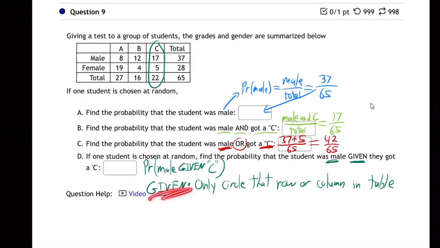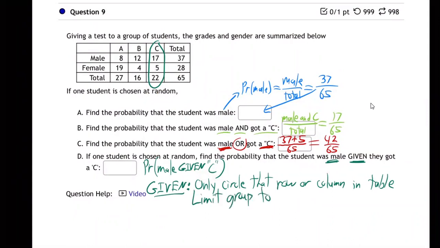We're given that they got a C. That's what we know for sure. So we're talking only about these people, not any of the A people or B people. That limits our group.